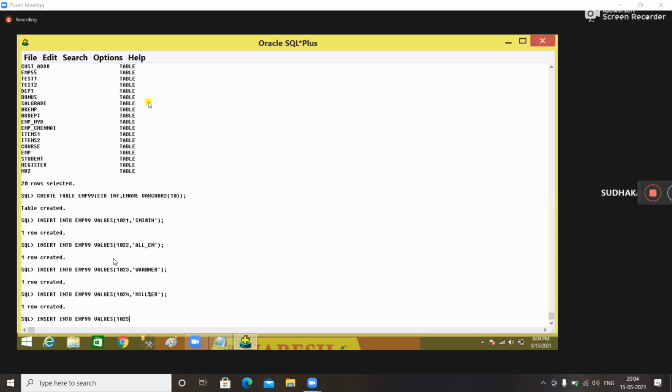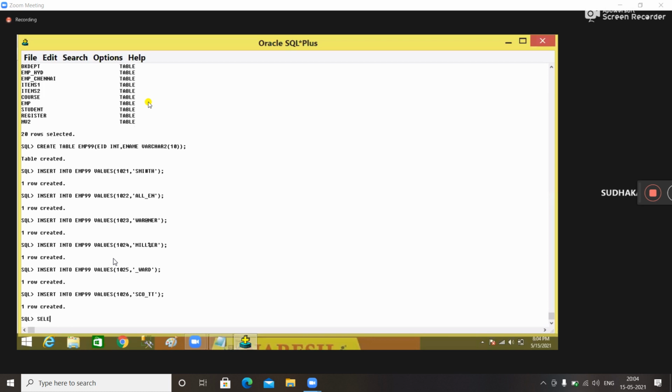And 1025, so now I'm using underscore word. And the next 1026, some name is, for example, Scott. So now I want to give it here underscore TT. Now, these are some information, guys, in this table.